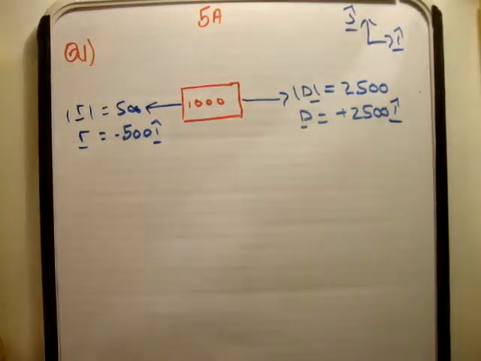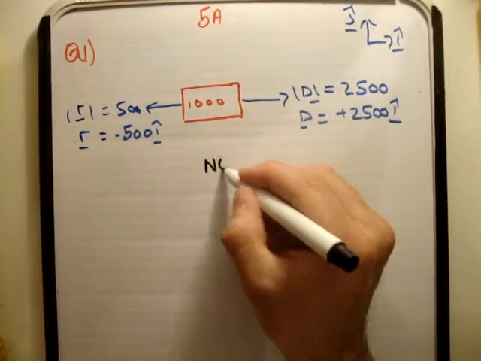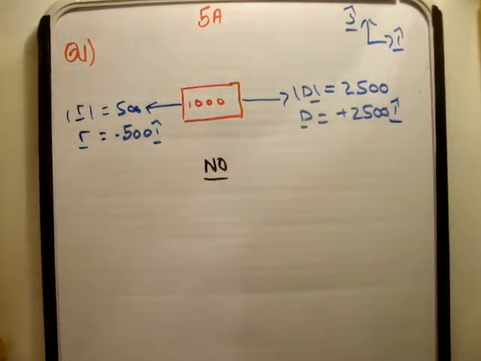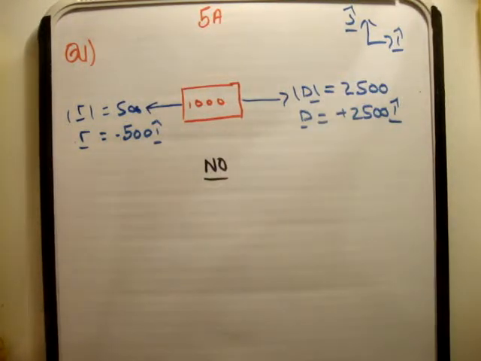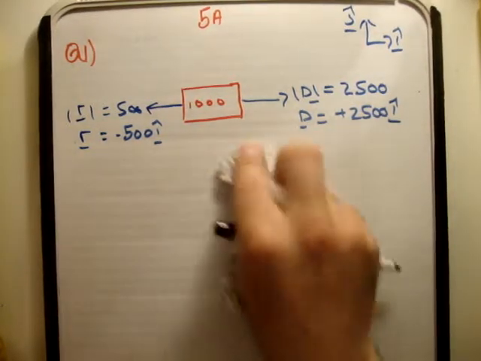Now the question is, first of all, are these two vectors action-reaction pairs or Newton's third law pairs? And the answer is no. Why is this? Well, the first one is a frictional force, and this is a driving force. The driving force is being made by an engine.